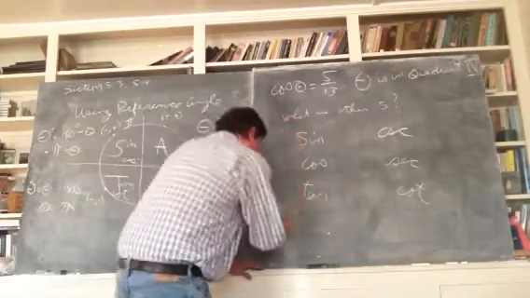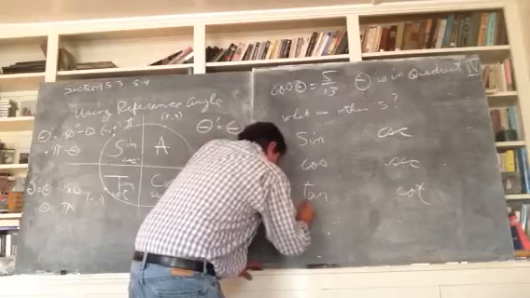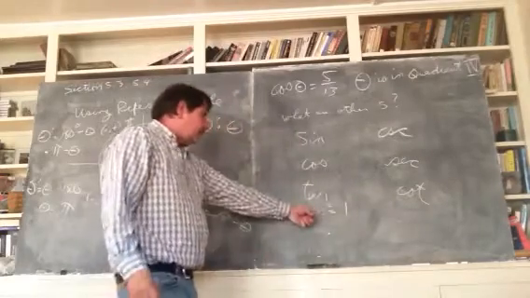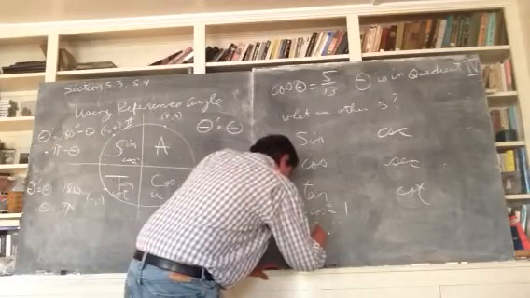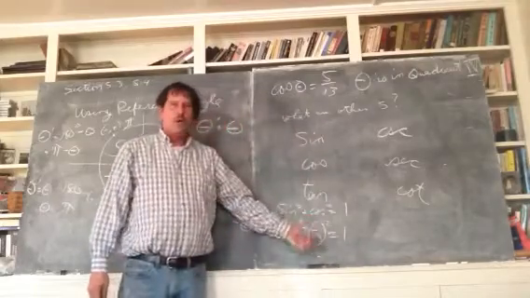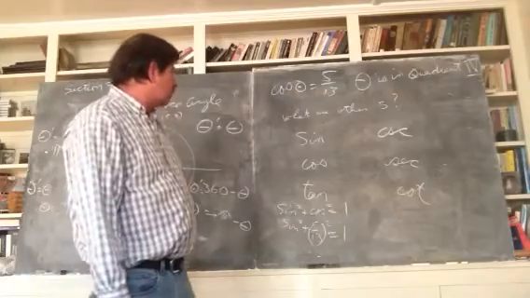The cosine is 5/13, and we have a Pythagorean theorem. Sine squared plus 5/13 squared is 1. 25 over 169, subtract from 1. 5, 12, 13.